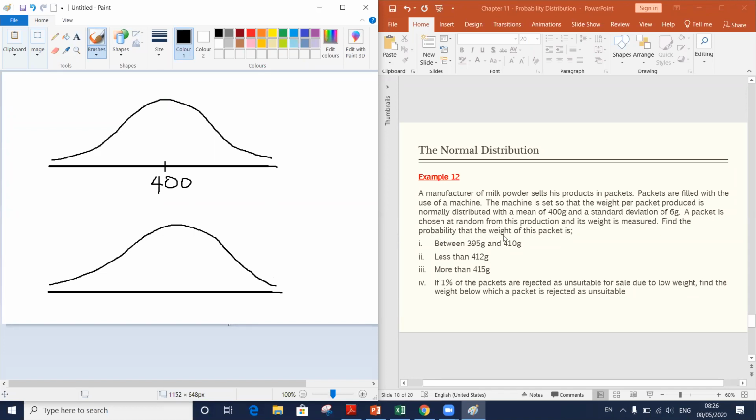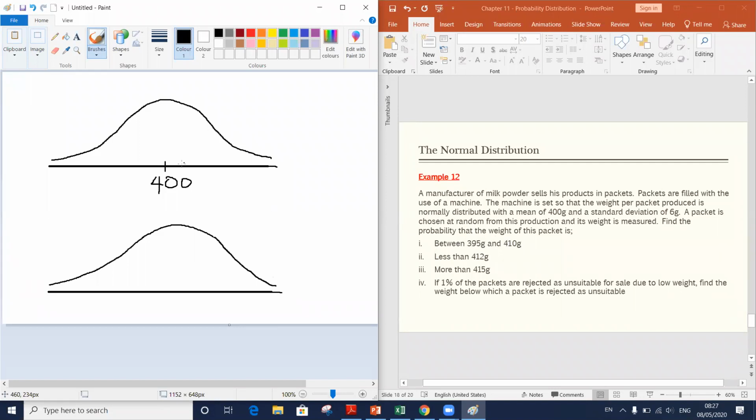Find the probability that the weight of this packet is between 395 grams and 410 grams. සාමාන්‍යයෙන් කිරි පැකට් එකක බර ග්‍රෑම් 400යි. අහම්බෙන් පැකට් එකක් තෝරගත්තොතින් ඒකේ බර ග්‍රෑම් 395ත් ග්‍රෑම් 410ත් අතර අගයක් ගන්න පුළුවන් සම්භාවිතාවයයි අහන්නේ. Probability that the weight of this packet is between 395 grams and 410 grams.